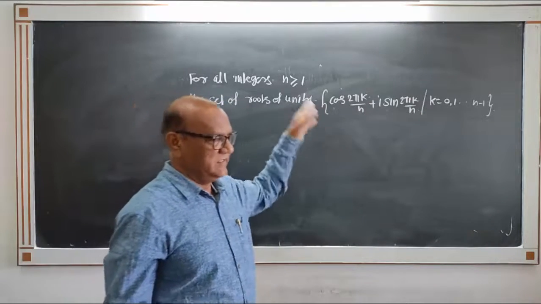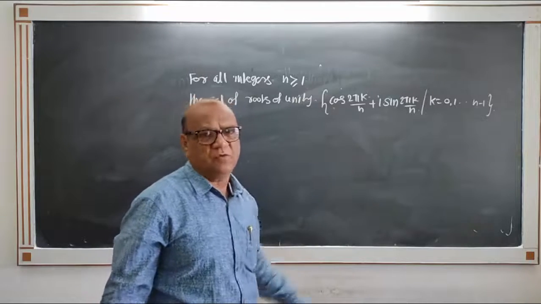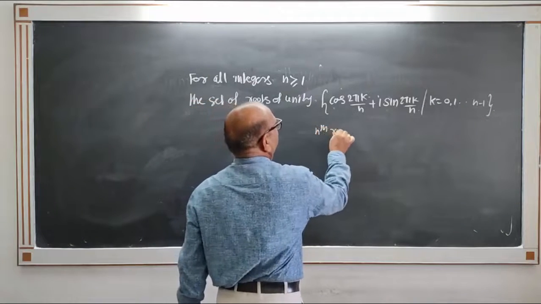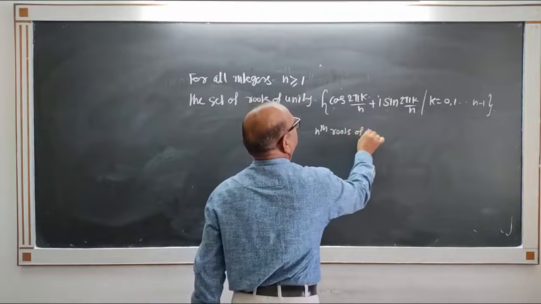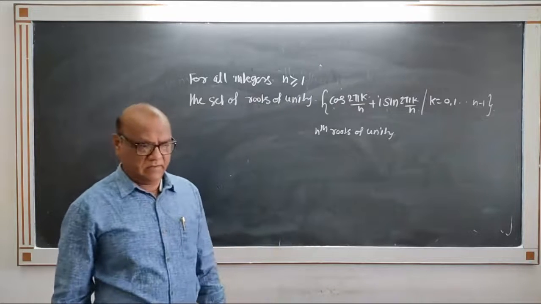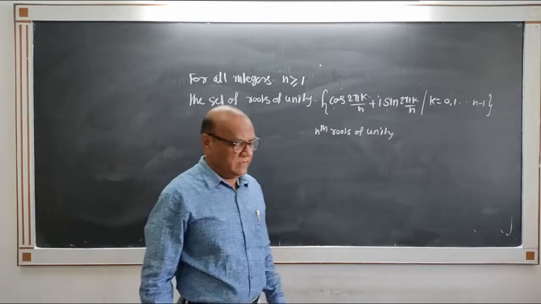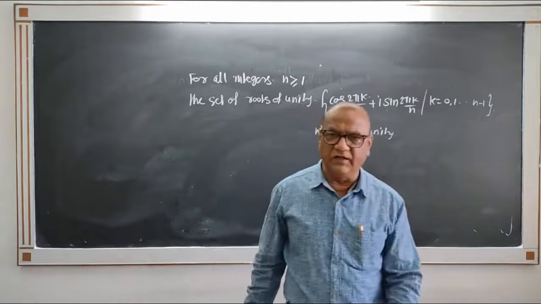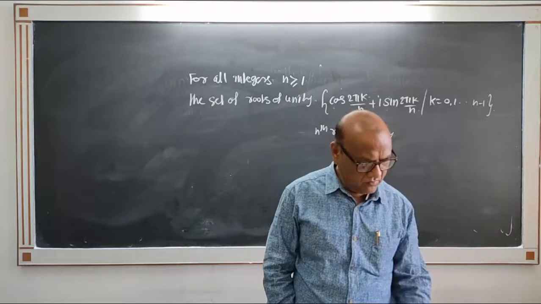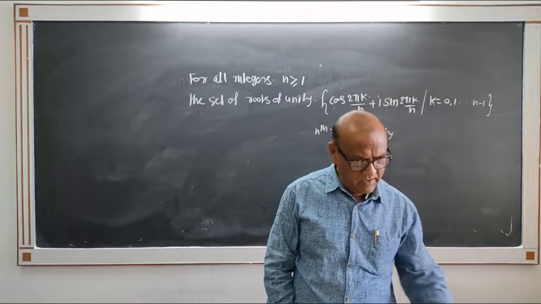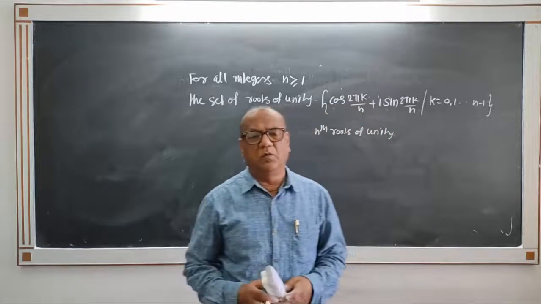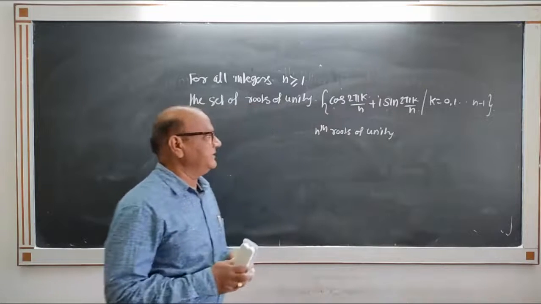This set is called the nth roots of unity. The nth roots of unity form a group under complex multiplication.